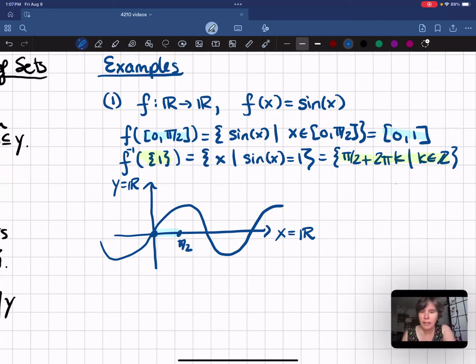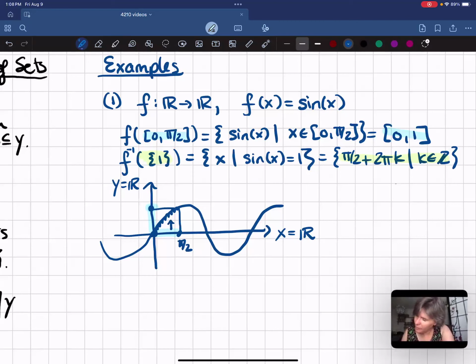And I want to think about which part of the graph that corresponds to. That corresponds to this part of the graph. And then which part of the codomain does that correspond to? So if I go up to the graph and then over to the vertical axis, I get this part.